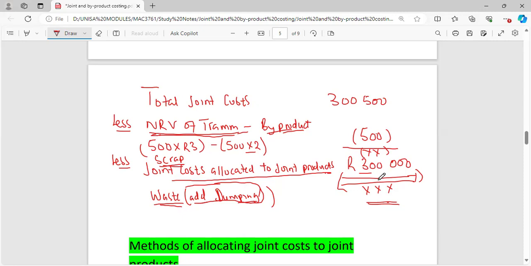So in a situation where they find that the cost of further processing is more than the sales value, they will take it as a waste.